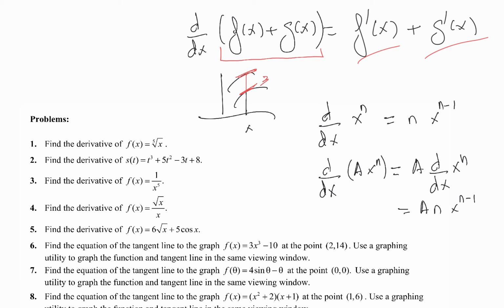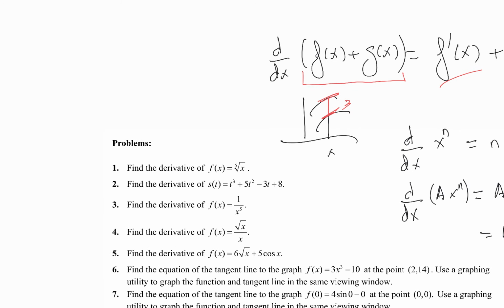For example, if f of x is 3x, what is the slope? 3. If g of x is 4x, what is the slope? 4. What is the function h of x that is the sum of the two? It will be 3x plus 4x. What is the slope of this function at any point x?